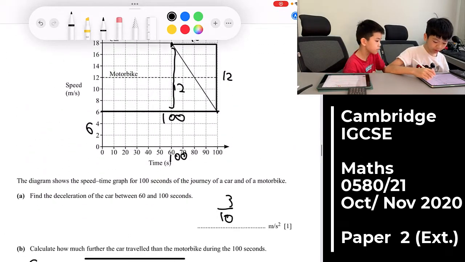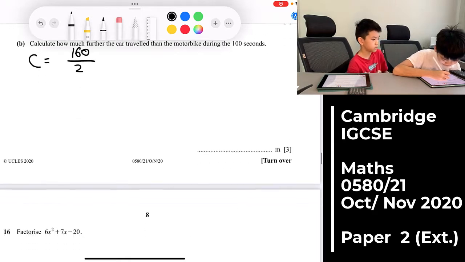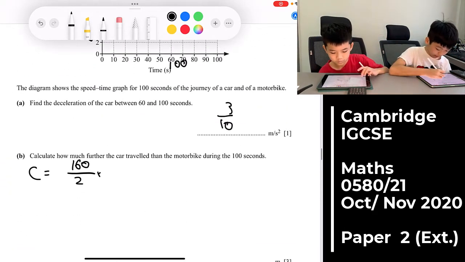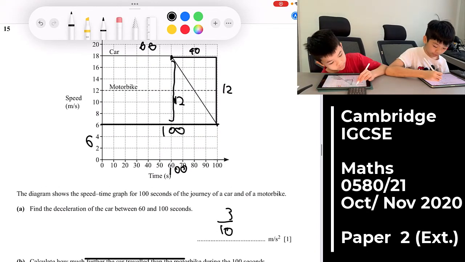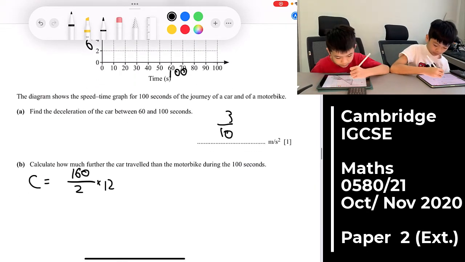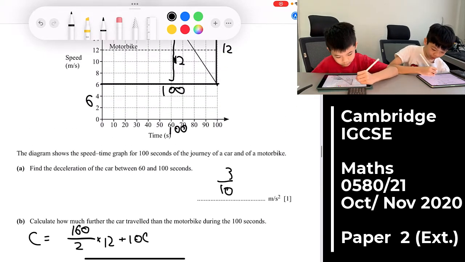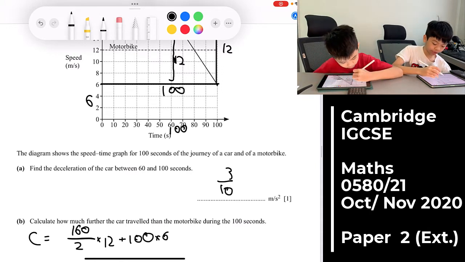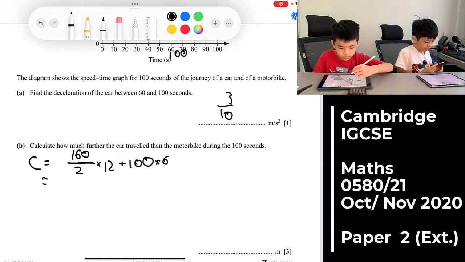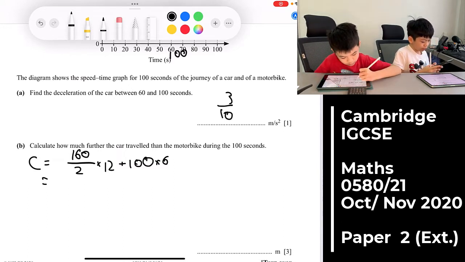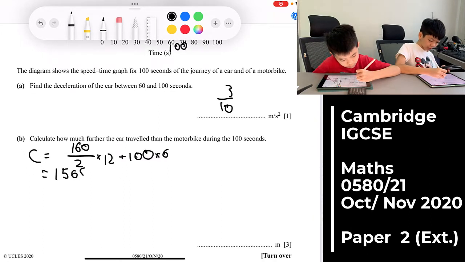So the car is 60 plus 100, 160 over 2, times the height, which is 12, plus 100 times 6, which is the area of the square. Car is 160 divided by 2, multiply 12, plus 100 times 6, which is 1,560.